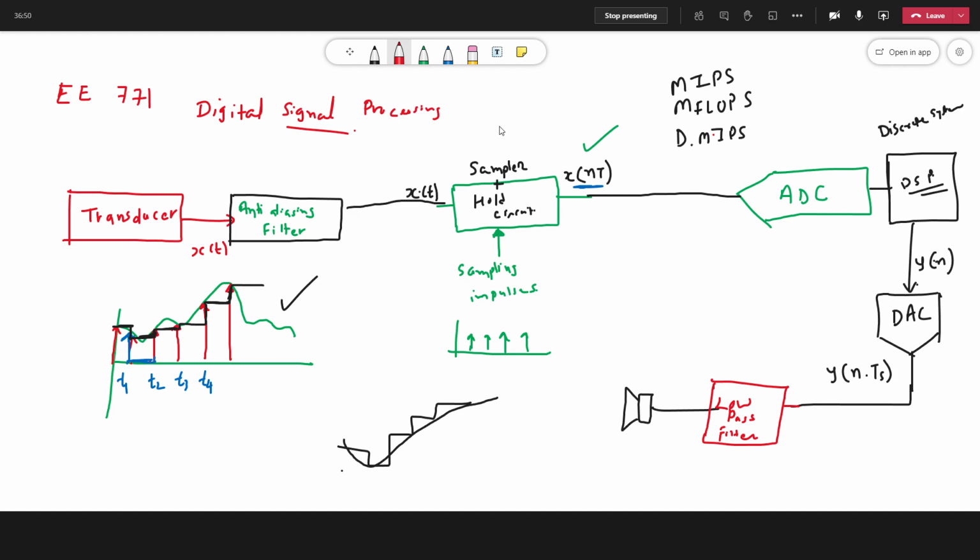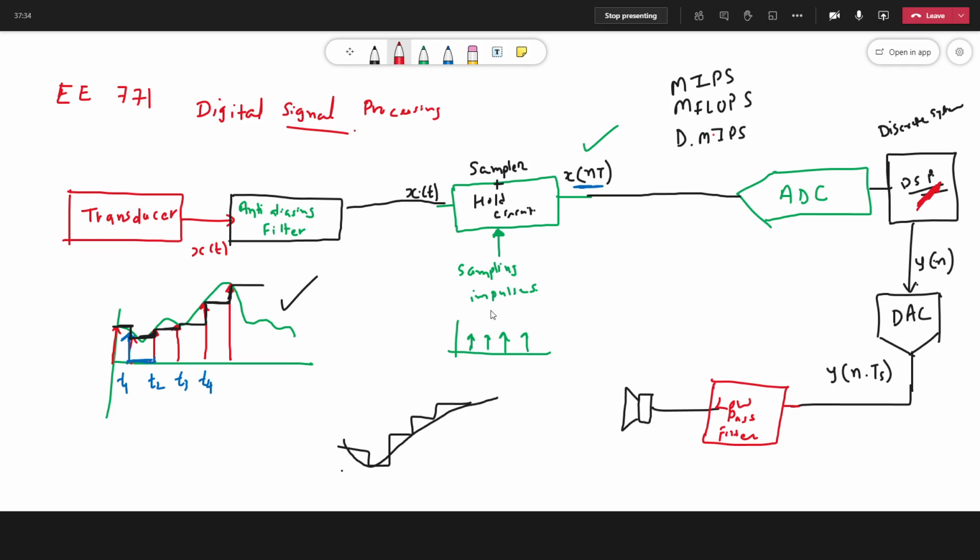Say for example, if my application is playing some audio from the recorded version of the song, then recorded version of song may be available inside the CD or DVD. So DSP processor will directly read those digital information. So why to have this block ADC, sample and hold, anti-aliasing and transducer? You don't need it. You can simply skip it.